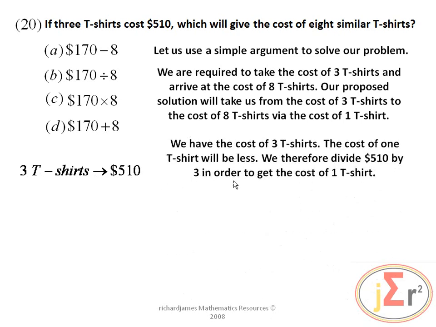We have the cost of 3 t-shirts. The cost of 1 t-shirt will be less. We therefore divide $510 by 3 in order to get the cost of 1 shirt. So 1 t-shirt is going to be valued at $510 divided by 3.